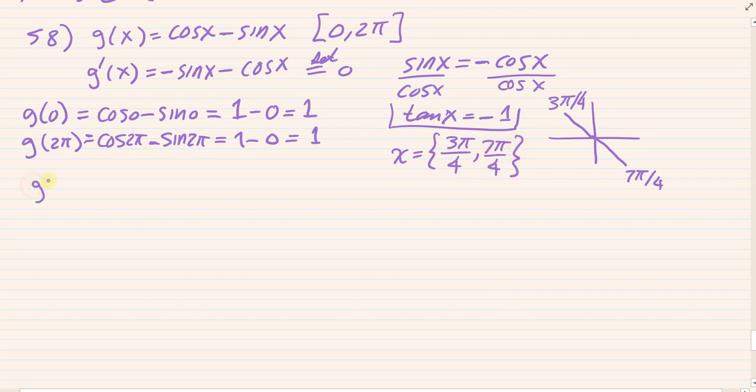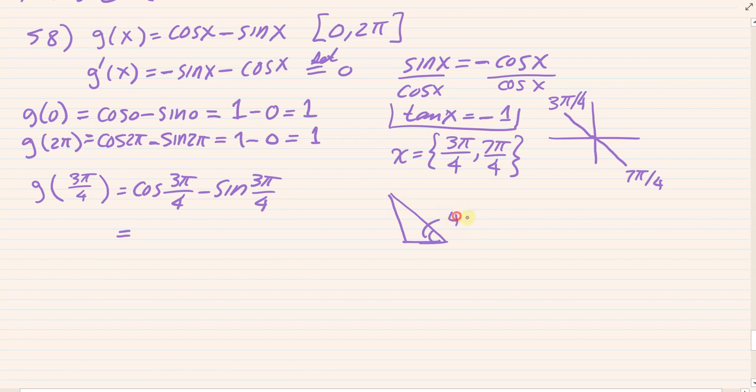And then g at 3 pi over 4 is when we put 3 pi over 4 for cosine and then sine. So we have cosine of 3 pi over 4 minus sine of 3 pi over 4. Now cosine of 3 pi over 4, the reference angle is 45 degrees, right?